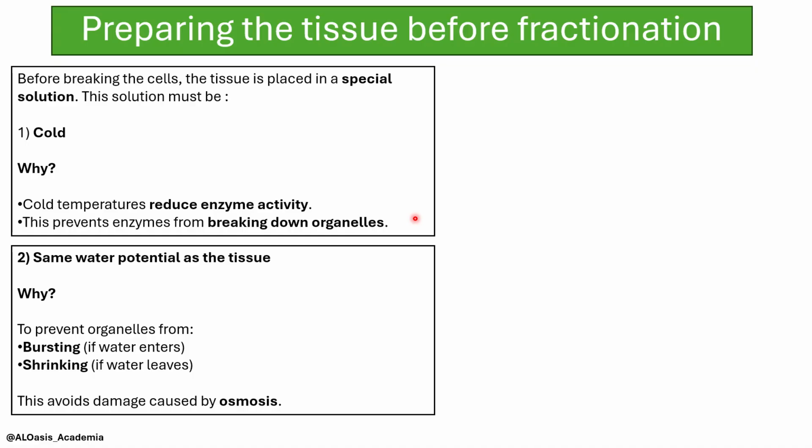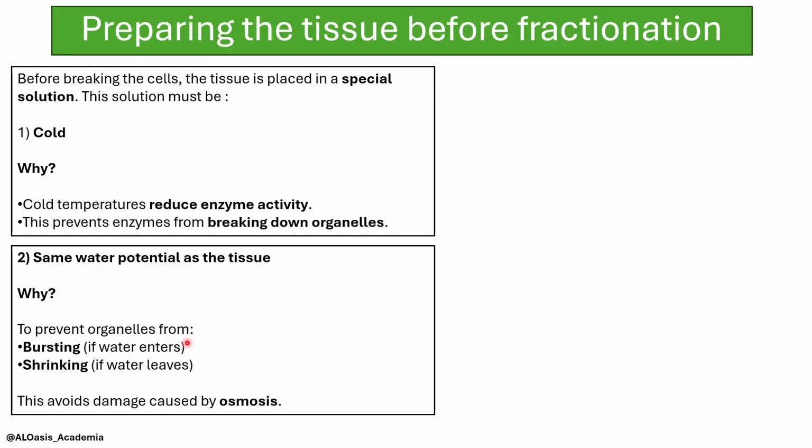The second thing is that the solution needs to have the same water potential as the tissue. Why? Because having the same water potential as the tissue will avoid any damage caused by osmosis. If the water potential outside the cell was higher than inside the cell, water would enter the cell through osmosis and burst the cell.